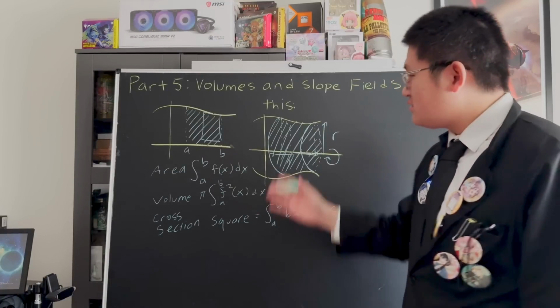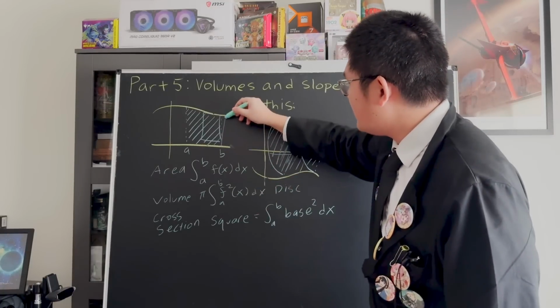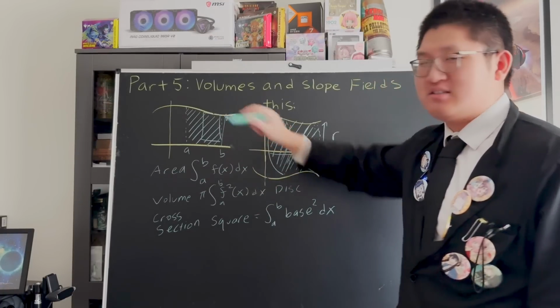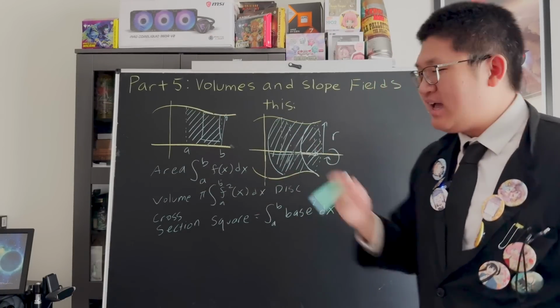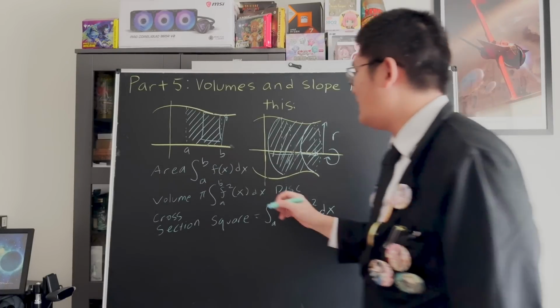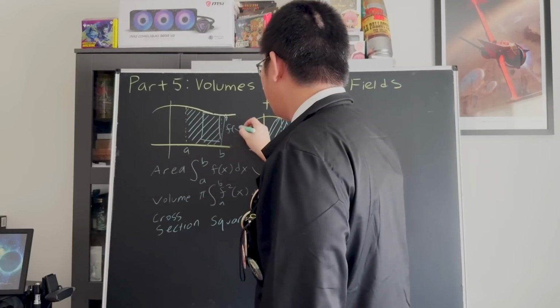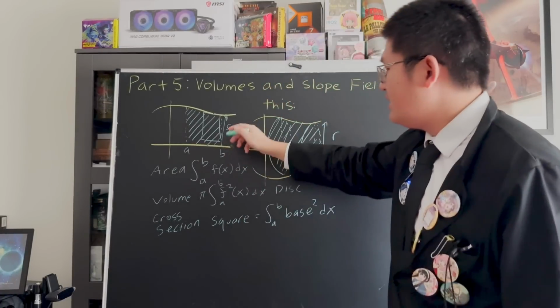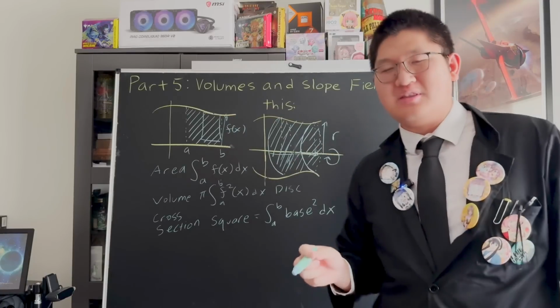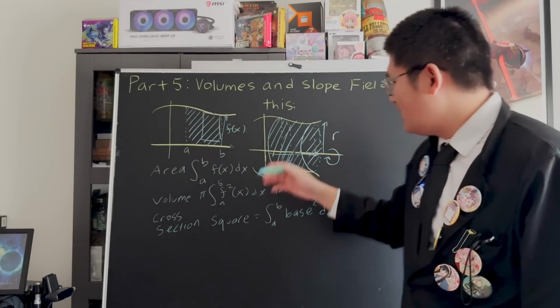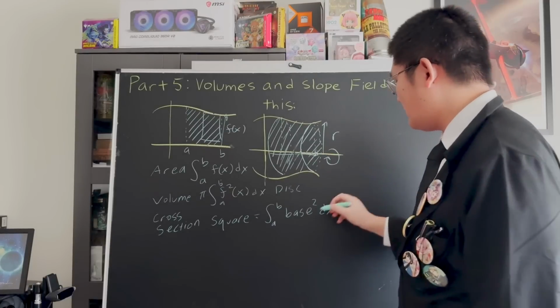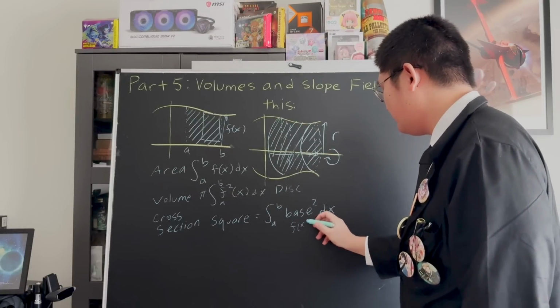What would be the base? For the most part, that will simply be the distance between the axis and the function. Sometimes not, and we can get into more examples on that in a little bit. Of course, if the distance is strictly from the actual axis up to where the function ends, that's just going to be, in this case, f of x squared.